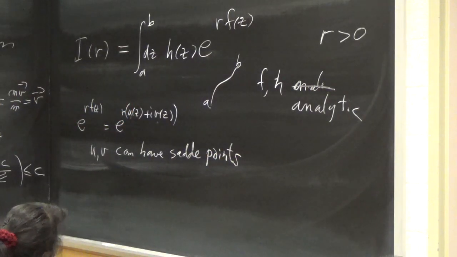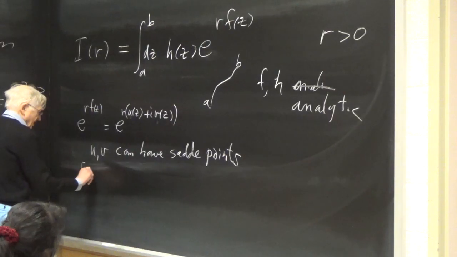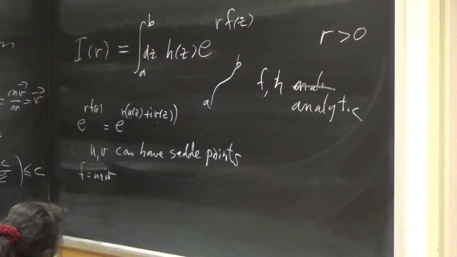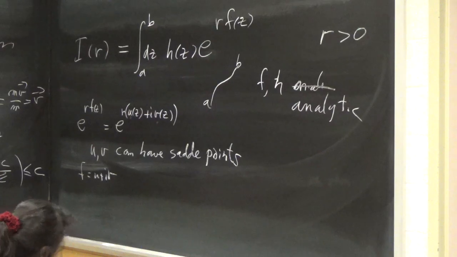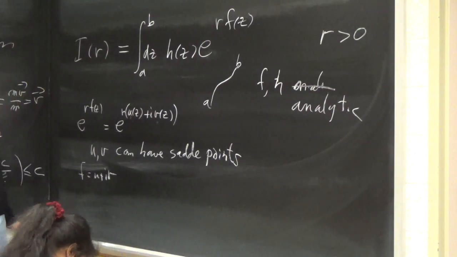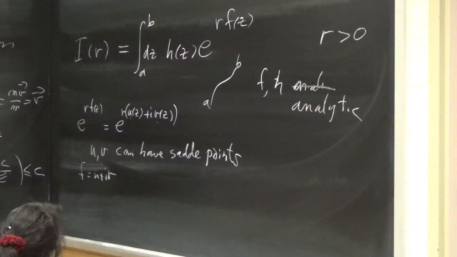They can't even have relative maxima or minima because they're the real and imaginary parts of an analytic function. F is equal to U plus iV. And we learned when we discussed Cauchy-Riemann equations that the real and imaginary part can only have saddle points.